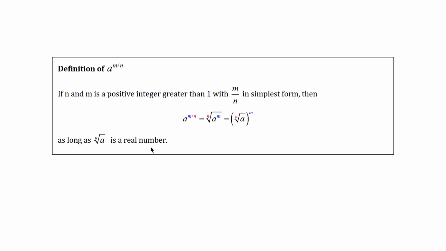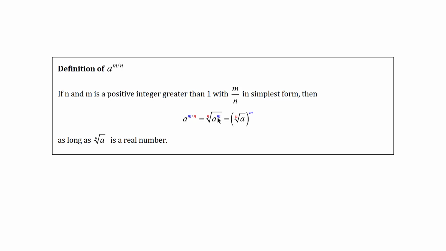So according to our definition, there's two different ways we could rewrite a rational exponent. Starting with the rational exponent a to the m over n power, we could rewrite this as the nth root of a to the m power. Notice here that the denominator of our rational exponent n became the index of our radical. And the numerator m became the new value of the exponent for the base a.